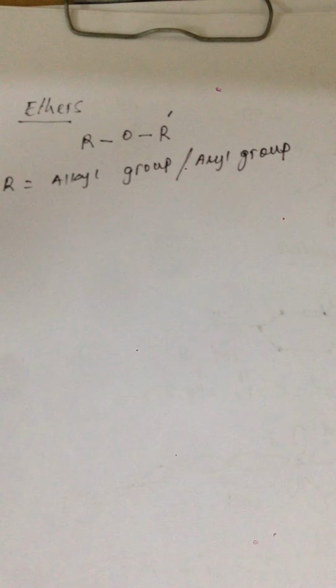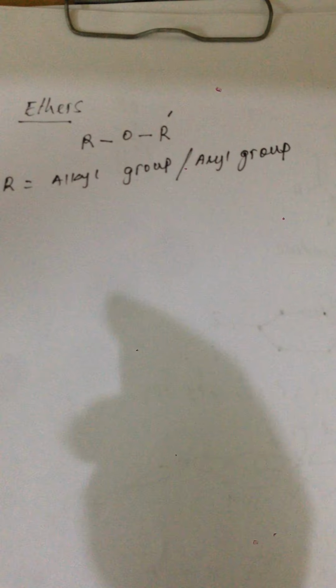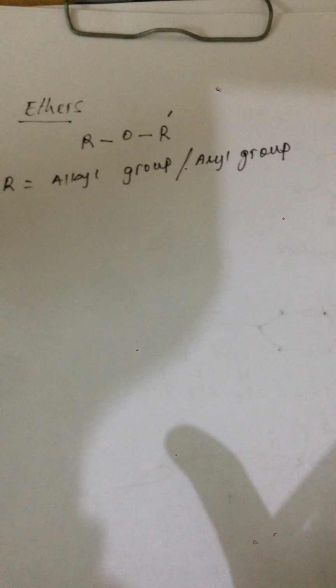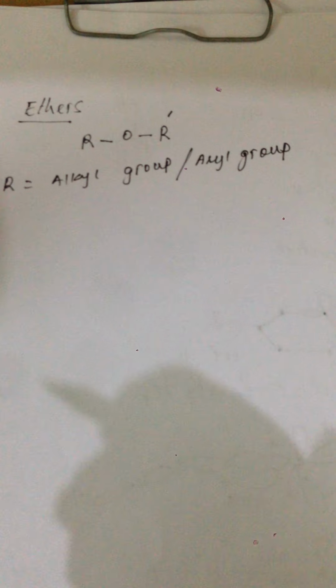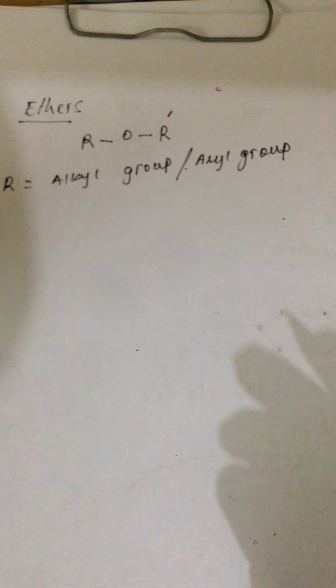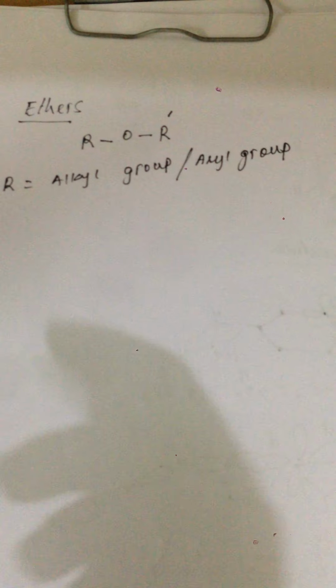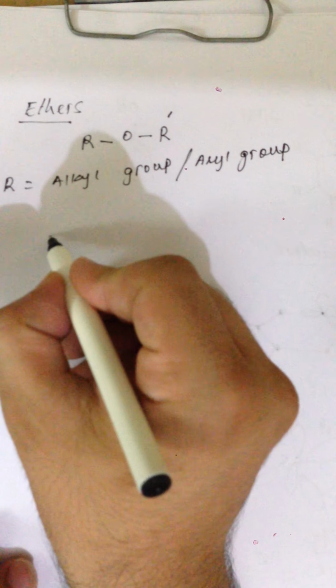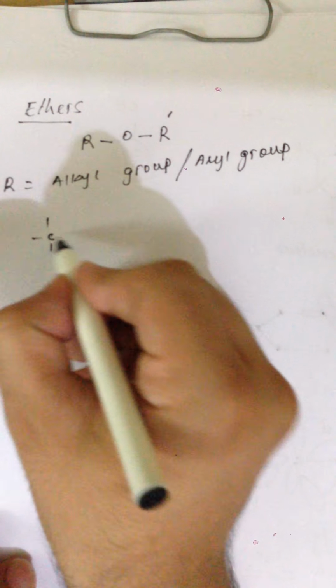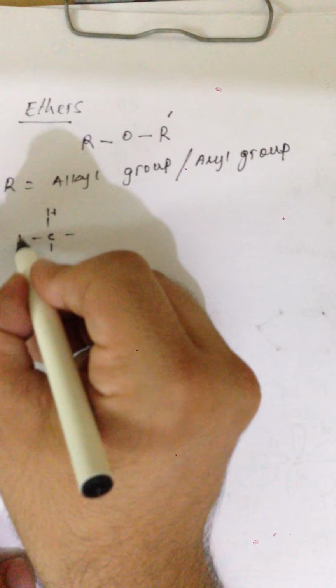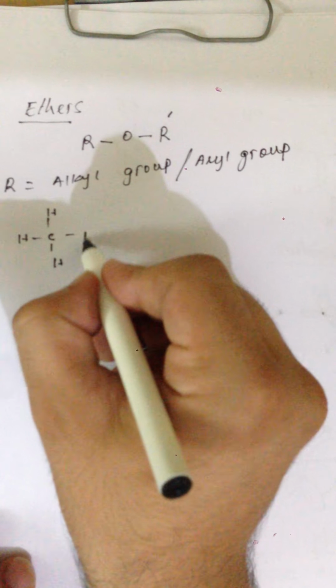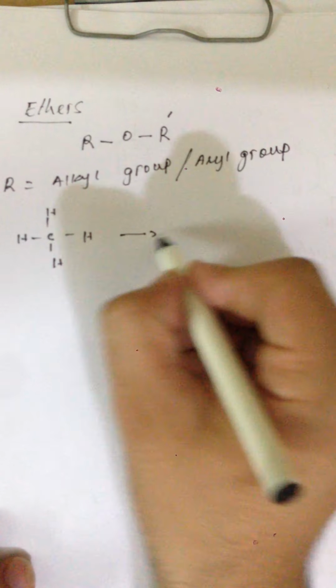What is an alkyl group? If you remove one of the hydrogen atoms from an alkane, the resulting species is called an alkyl radical. For example, if you remove one hydrogen atom from methane, you will get this.